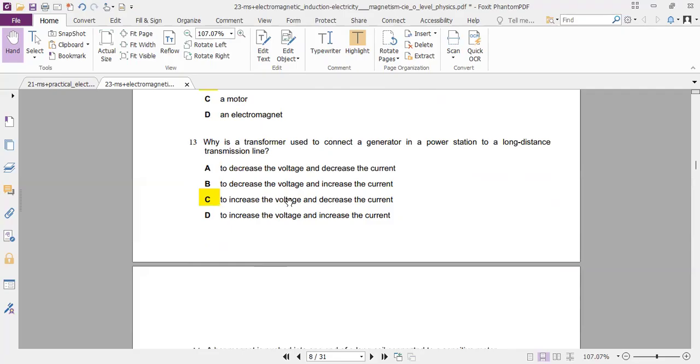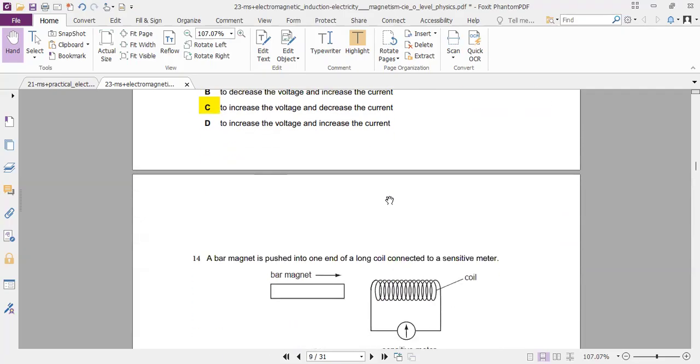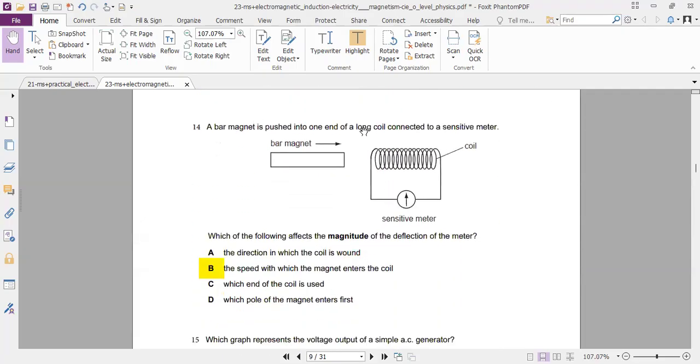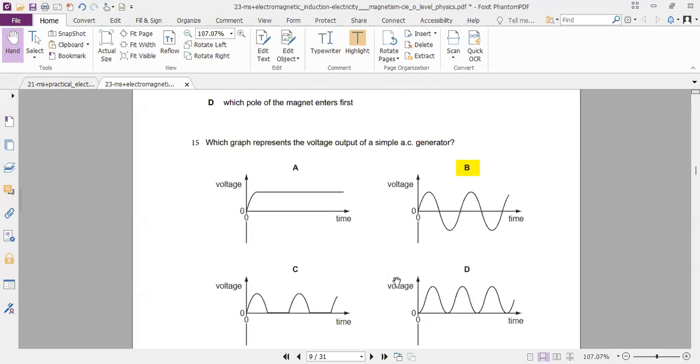Because we want to step up the voltage to reduce the power loss and decrease the current. Bar magnet is pushed, reading shown. The magnitude of the deflection depends on the speed with which the magnet enters the coil. We have done this. The output of a simple AC generator is this curve, always this curve.